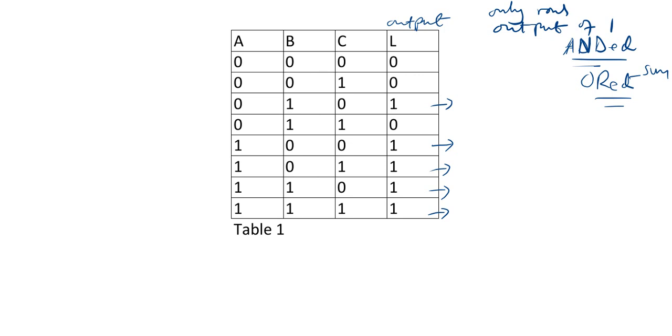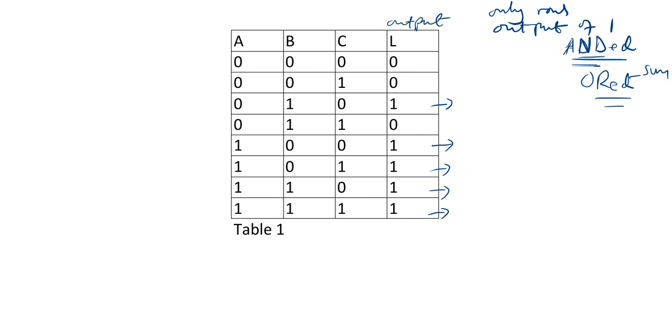So let's start by writing the ANDed expressions for each of the rows with output of 1. When we consider this row, you find that A is complemented, because the normal A logic should be 1.